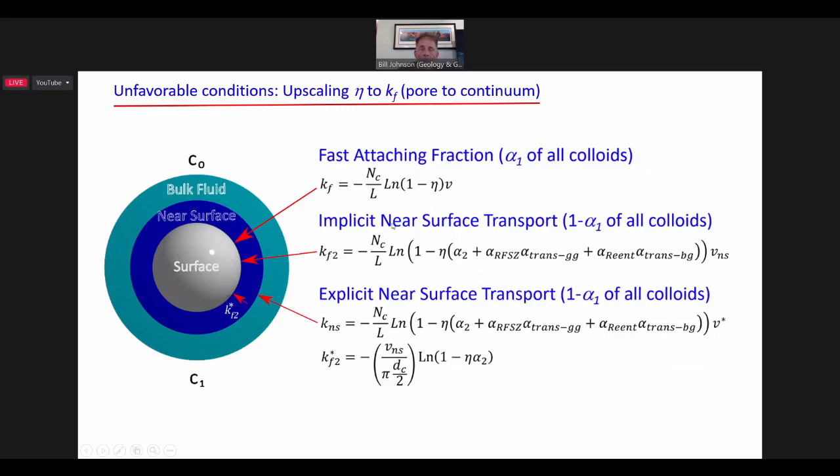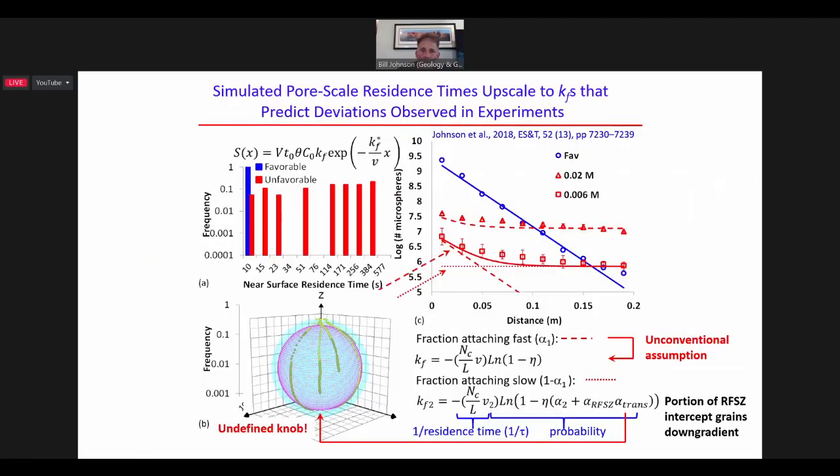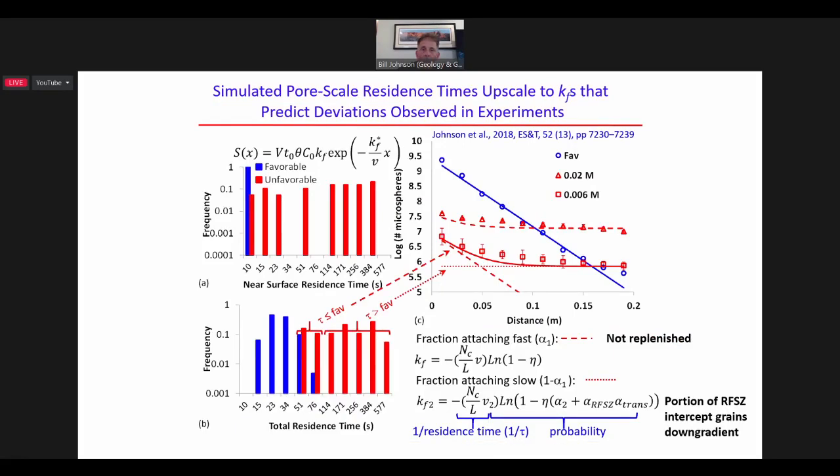And I won't go into the details of implicit versus explicit. But what I will talk about is the fact that we can reconfigure these rate coefficients. And so going back to this slide, what I want to show you is that we can take the fast and the slow attaching populations and have two rate coefficients associated with them, the equations for which were developed by expanding our upscaling that was traditionally used for favorable conditions to unfavorable conditions.